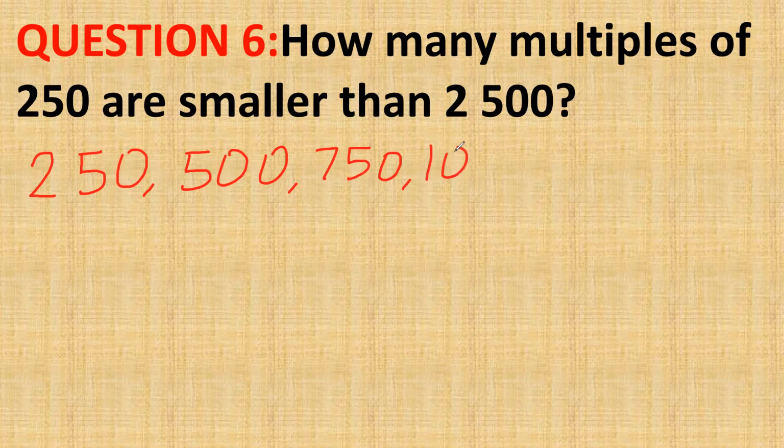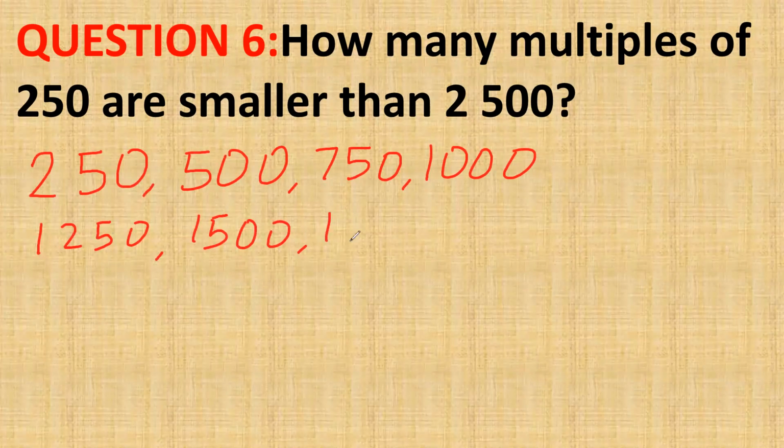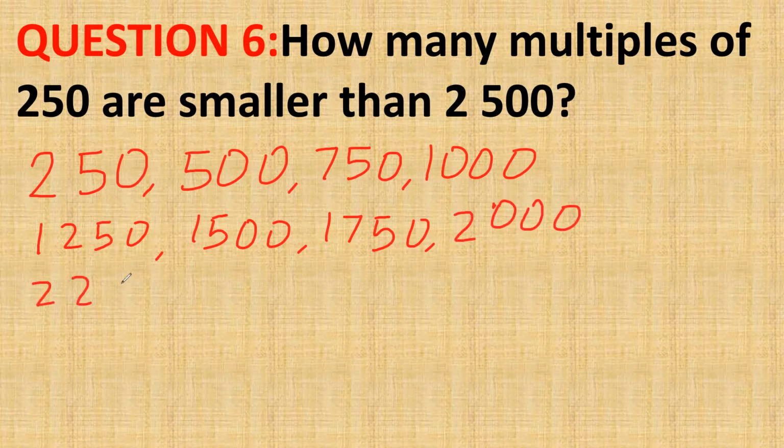Add 250 more, we're getting 1,000, and what else? 1,250 and 1,500, and 1,750. What is next? 2,000, and then 2,250 is the last one. Why? Because you are not writing 2,500, because they're asking you smaller than 2,500.